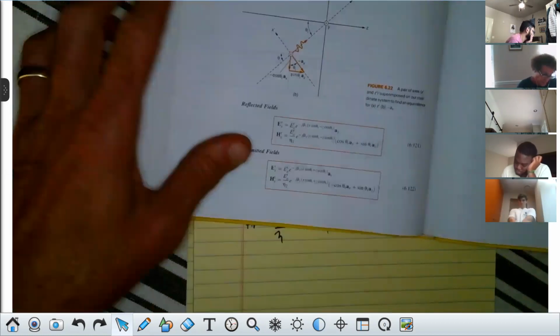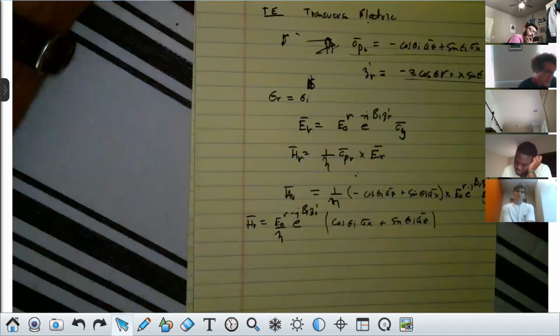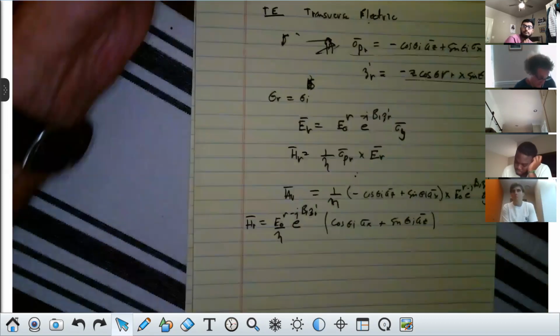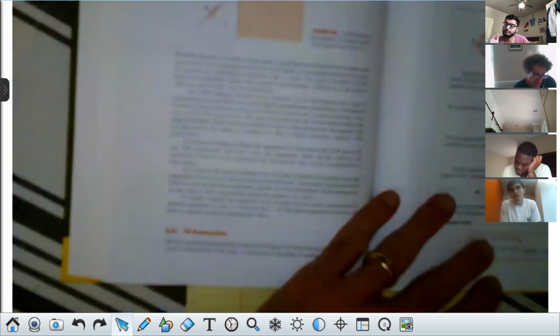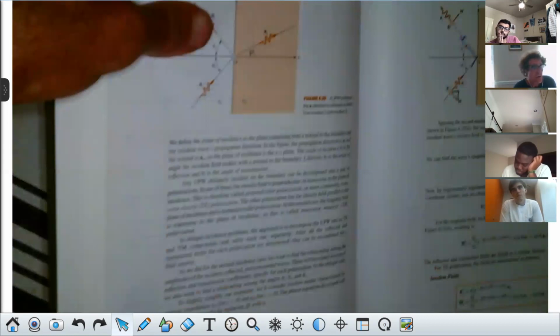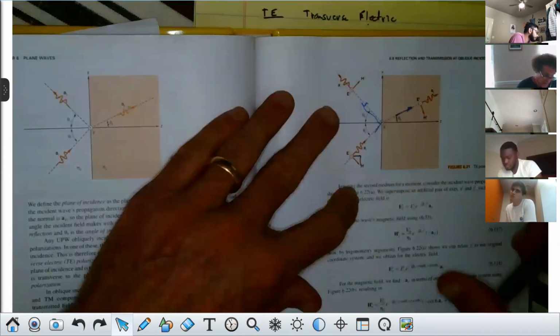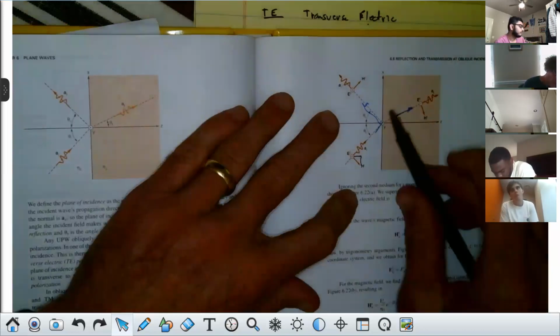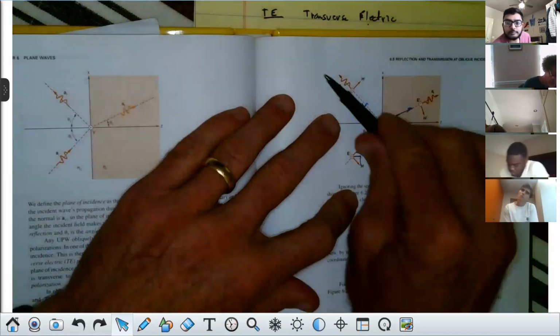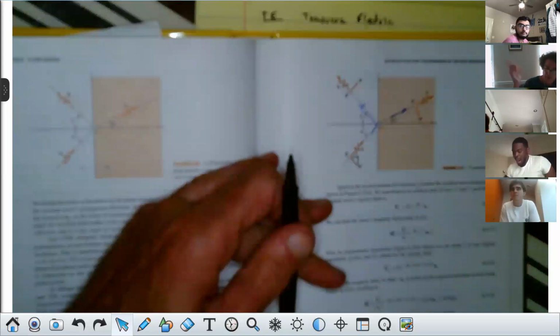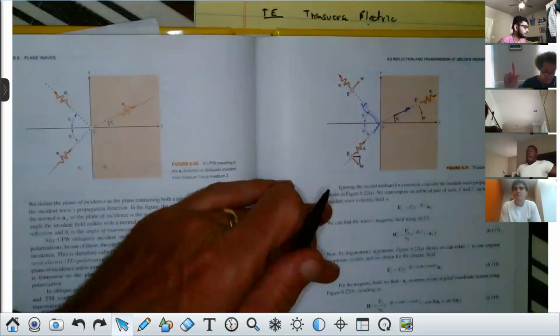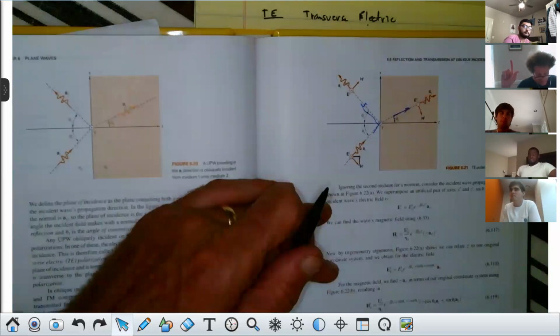Now, if you look at that for a second, and you look at this waveform, I want you to take a look right here. This is on page 361, but you can see one thing that's really interesting. If the E field is out of the paper and it's propagating this way, then E crossed H: take your right hand, put your index finger in the direction of polarization of the E field, then cross it into the H field.